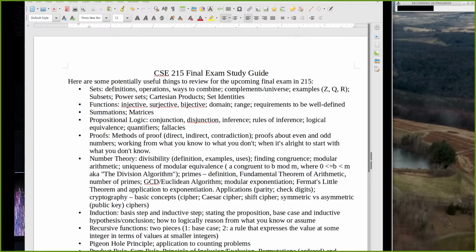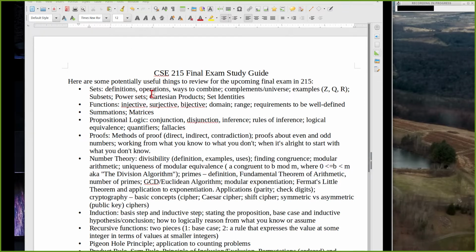So we start off by talking about sets. You should know the basic definition of a set, different ways to represent sets, and some of the standard sets that we've worked with, Z and Q and R and so on.